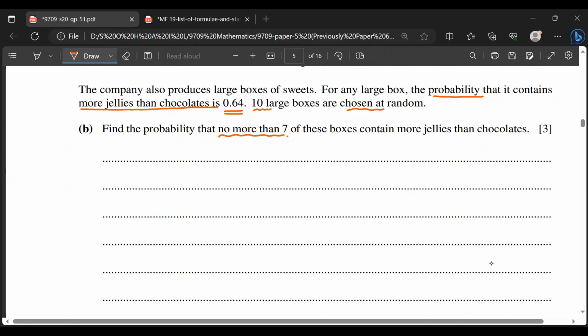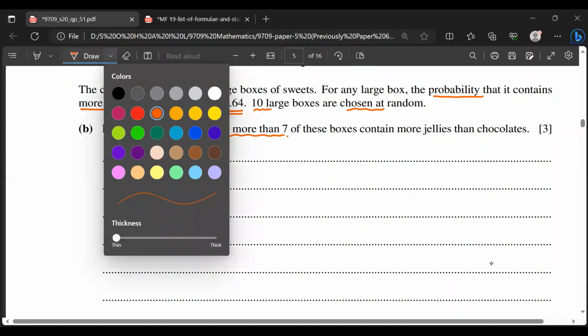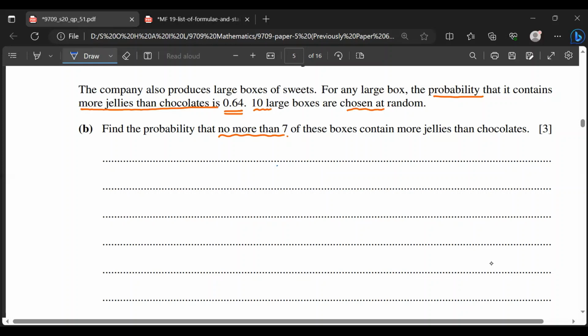So here, the probability of more jellies than chocolates is 0.64.